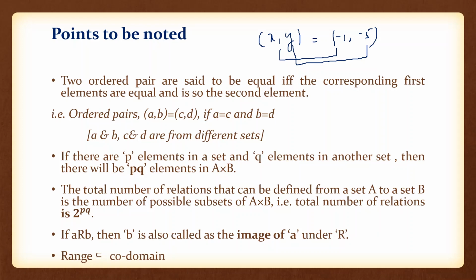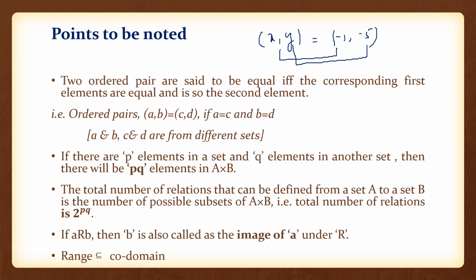It is important to note that A and B should belong to different sets. They should not belong to the same set. A and C should be from one set and B and D should belong to another set. Relation is not possible within the set.